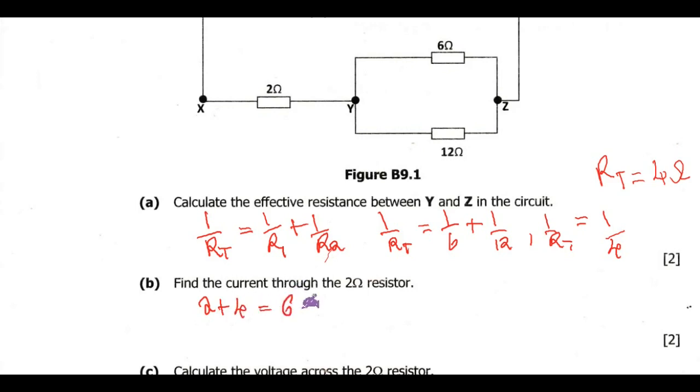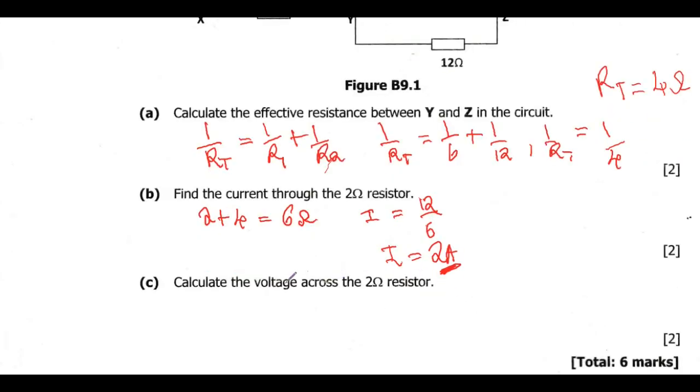That will be the total current in the circuit. So calculate the voltage across the 2 ohm resistor. So voltage is equal to current. So the current is the same, it is 2, times the resistance, which is 2. So the voltage is equal to 2 times 2. We have got 4 volts.